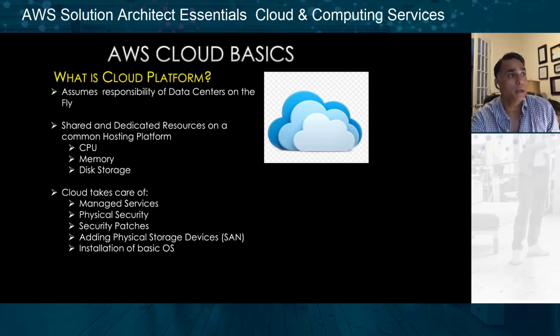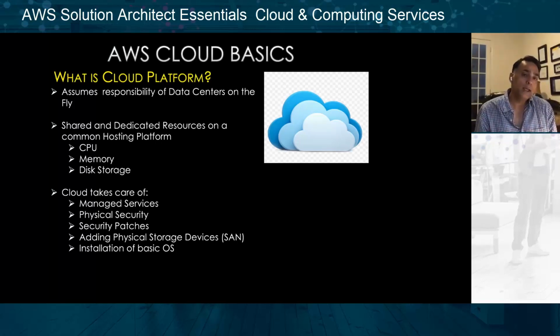Once you have used it, you can easily turn off your environment and save the cost. But if you need a dedicated instance of hardware, then you can definitely get it on the cloud, but it's going to cost you a lot of money. So you have to pick and choose what you want.